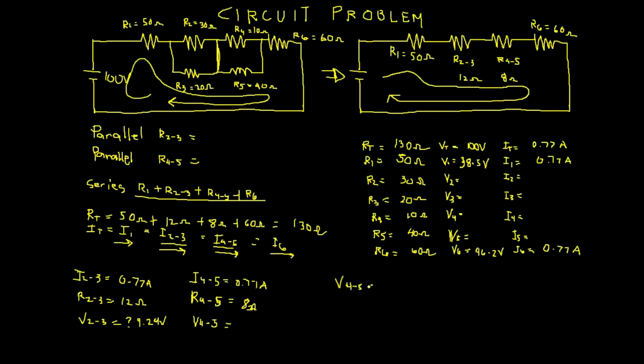So, ang formula is I4-5 multiply kay R4-5. So I4-5 is 0.77 ampere times sa 8 ohms. So ang V4-5 natin is equivalent to 6.16 volts. So 6.16 volts. Okay, so good.